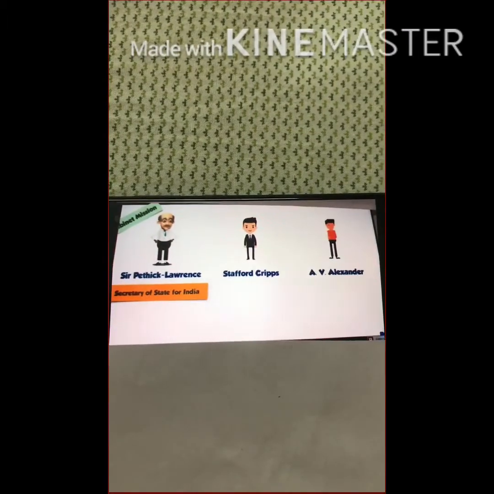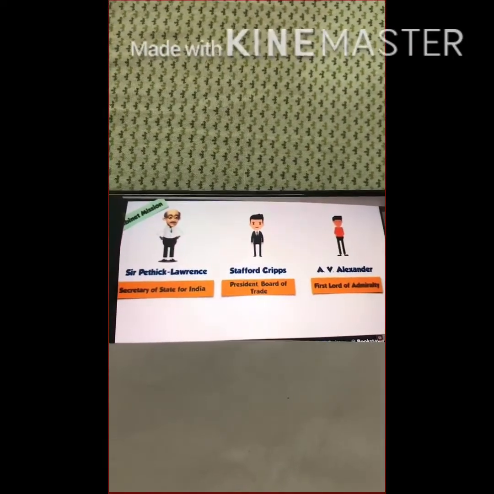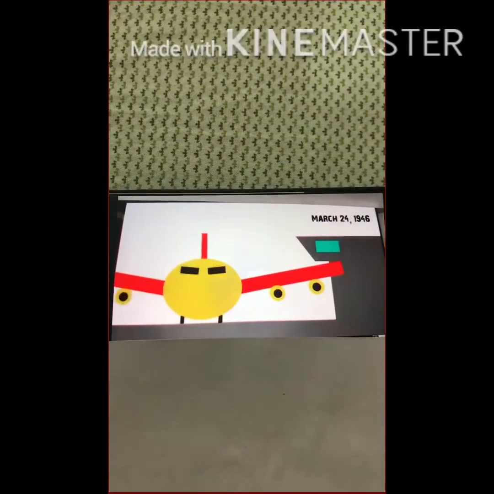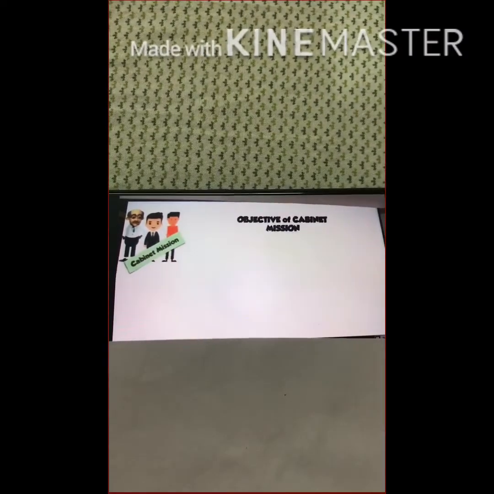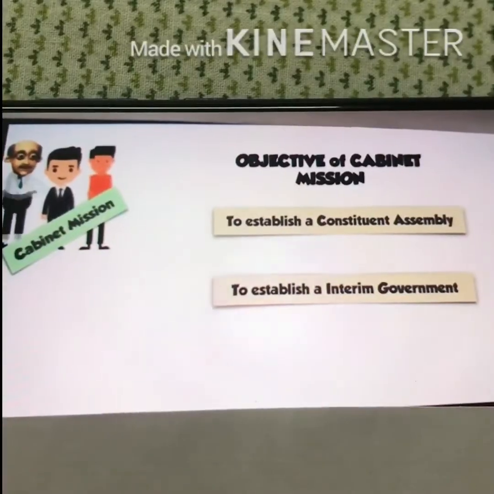Lord Patrick Lawrence said to Gandhiji, "I came to India to help it achieve independence." The mission discussed its plan with the leaders of the political parties and they placed their plan on 16th May 1946.